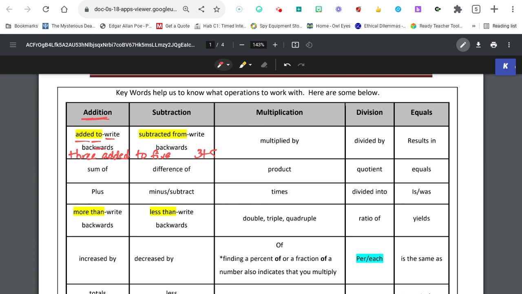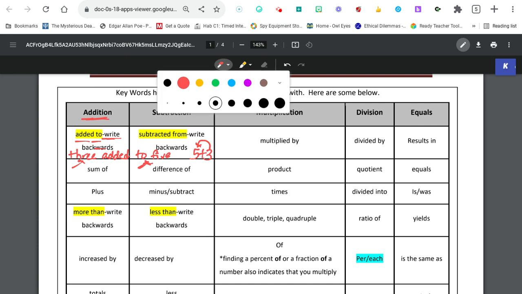If you do this, it is 5 added to 3, but this says 3 added to 5. So although we see the 3 first, we want to make sure we write the 5 first, and then add 3 to it. This is 3 added to a 5. So that's why we write it backwards. Added to means write it backwards.